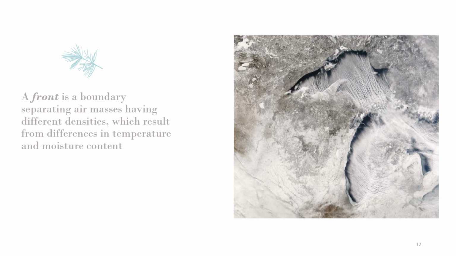Again, if you can recall, a front is a comparatively narrow zone between two air masses, one of which is usually warmer and contains more moisture than the other. In between is a narrow zone, or boundary, called a front.